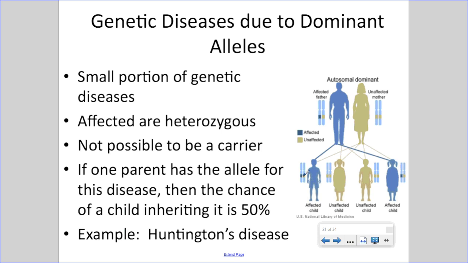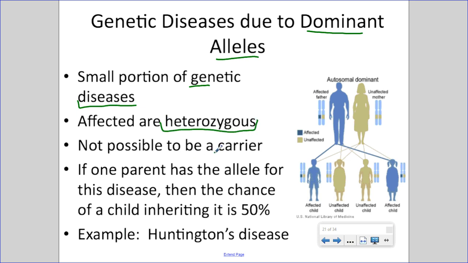Genetic diseases can also be due to dominant alleles, not just recessive alleles. Genetic diseases due to dominant alleles represent a small portion of genetic diseases. The majority of genetic diseases are due to recessive alleles. Because this is a dominant allele causing the disease, affected individuals would be heterozygous.